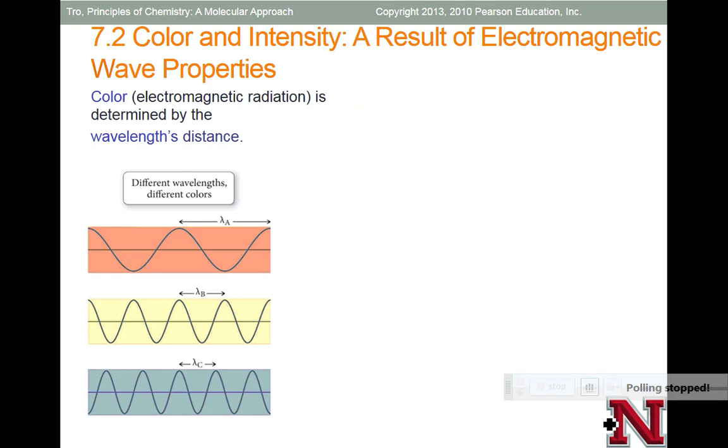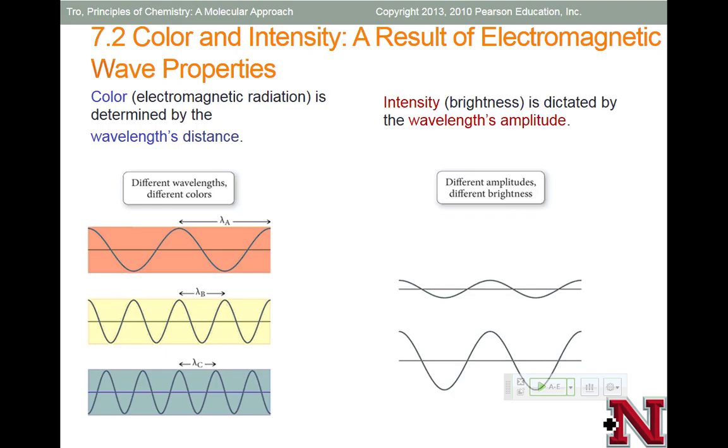So the color and intensity actually are both a result of electromagnetic wave properties. The color of electromagnetic radiation is determined by our wavelength. Intensity is determined by our wave amplitude. So how intense that color is. So it makes sense that we're talking about wavelength or frequency to determine our different colors.